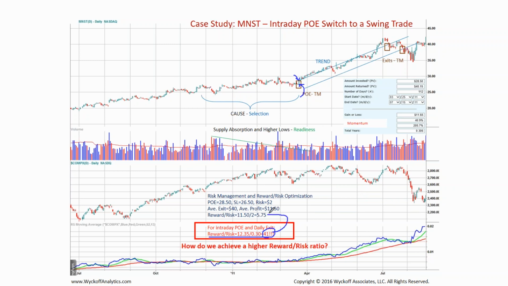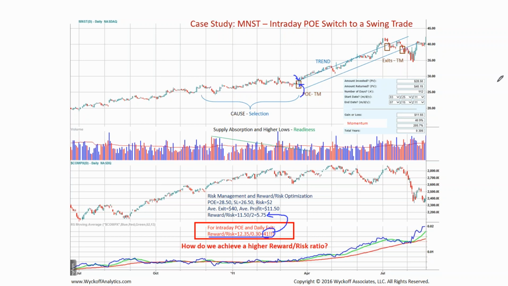Now think about this, 41. So on each unit of risk that we are taking, we are getting 41 units of profit. That's a tremendous average of reward to risk.